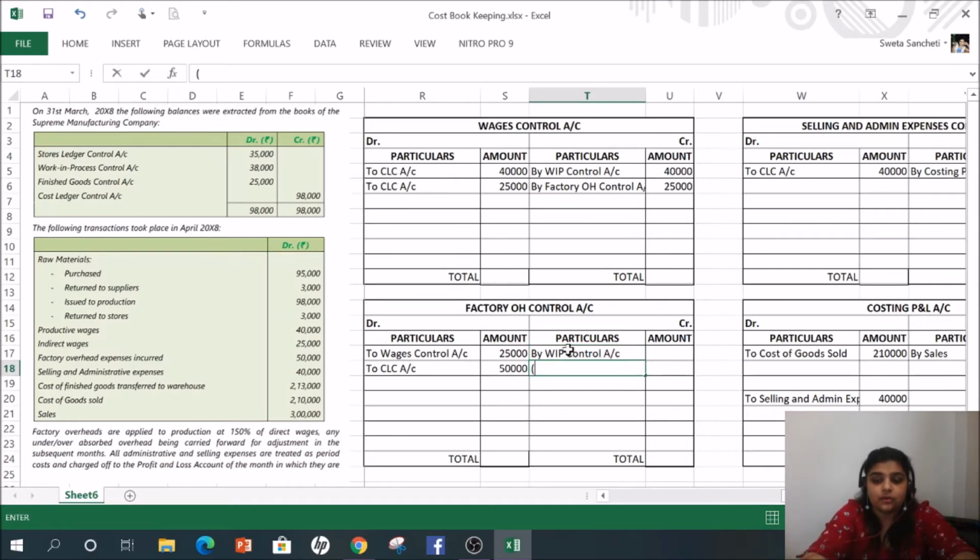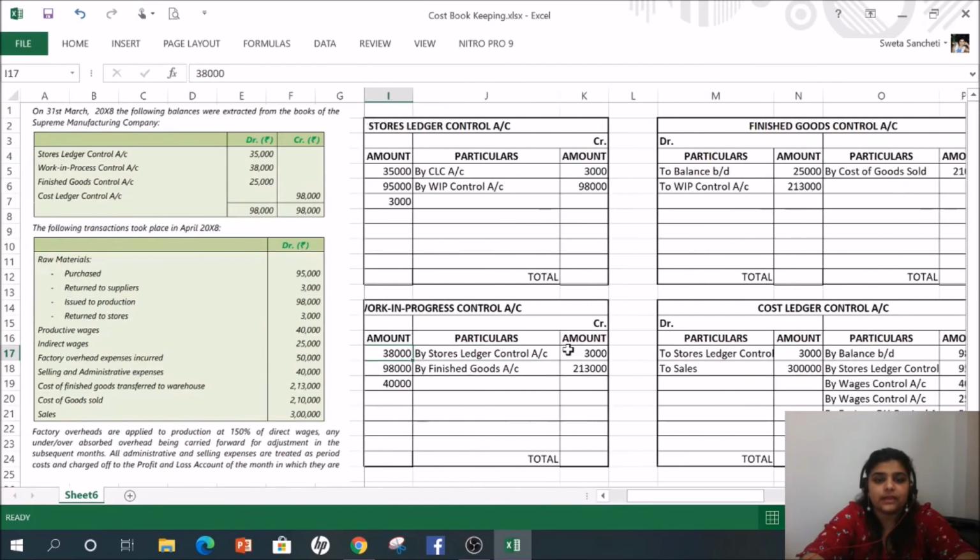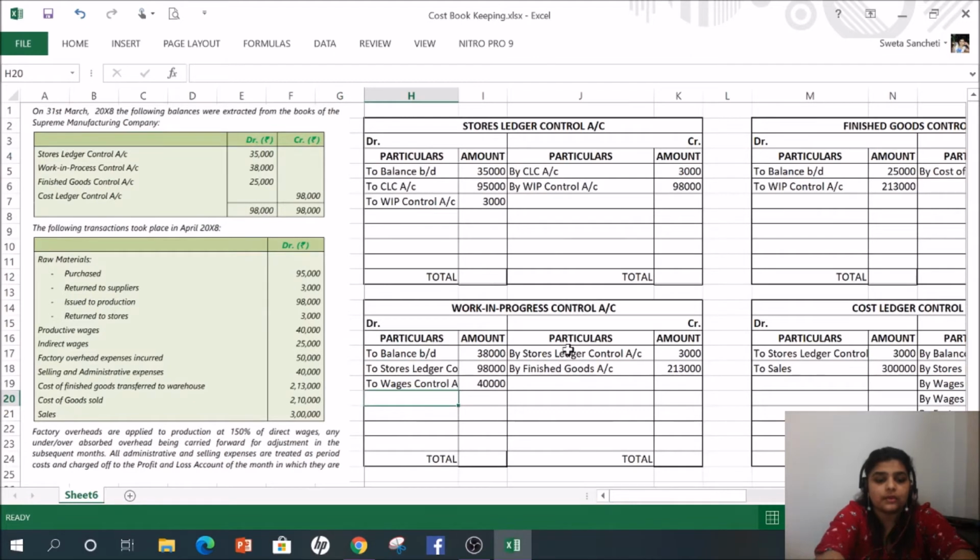This would be 150% of 40,000, that is equal to 40,000 into 150%, 60,000. This will also be reflecting in our work in progress account as to factory overhead control account, that is equal to 60,000. So we are done with all the entries.